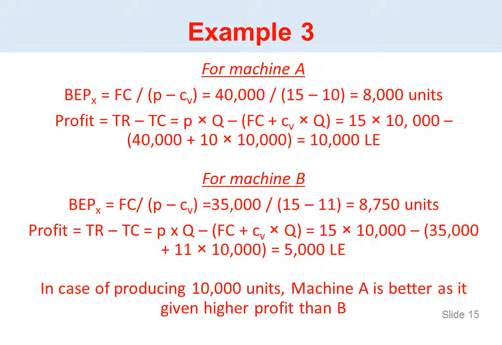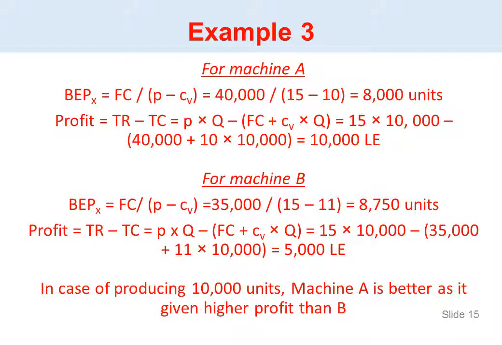For machine A, the break-even of machine A is the total fixed cost divided by price minus variable cost. The second one, machine B, is calculated the same way. For machine A we are calculating the break-even point, and for machine B we are calculating the break-even point.